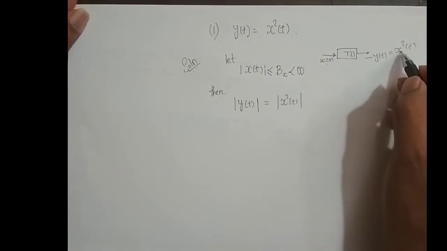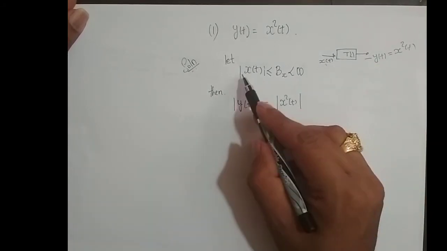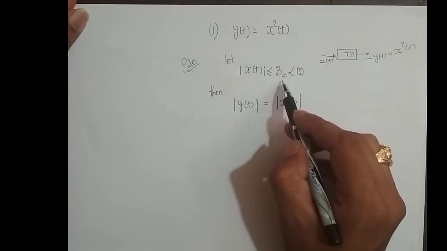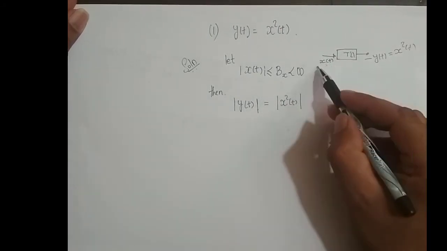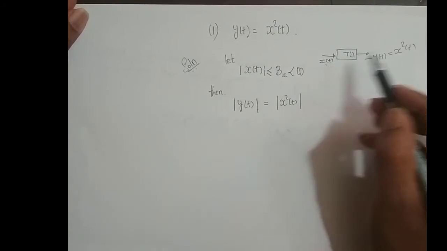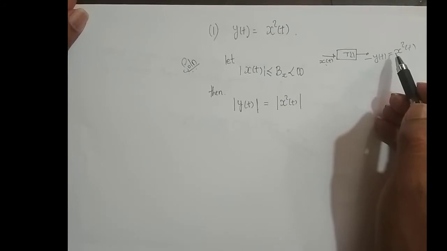If I give 100, 100 squared, which is bounded. If I give 1000, 1000 squared, which is also bounded. But I cannot give infinity to the input, because I am assuming that it is bounded. The input signal which I am feeding to the system is always finite. So for every bounded amplitude I give to the system, the output is also bounded. It is squaring that amplitude, right?